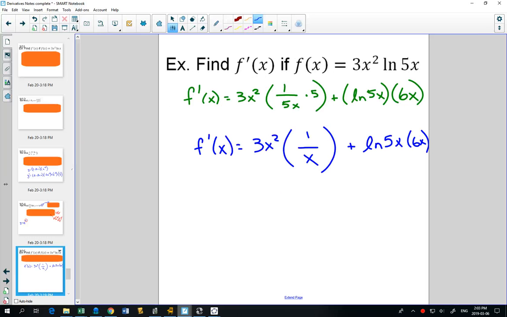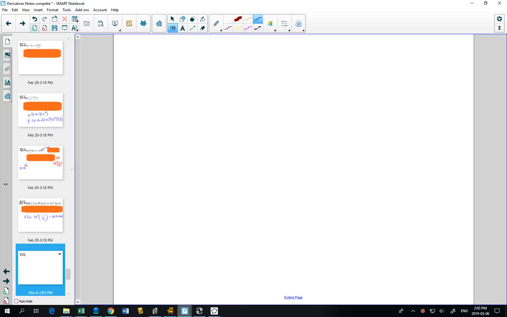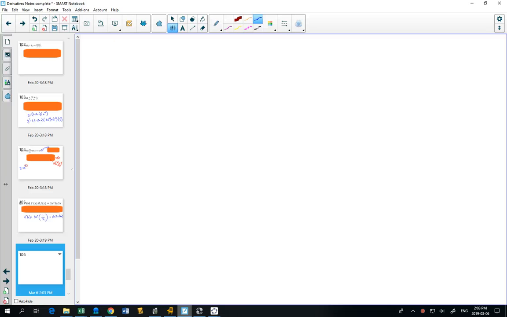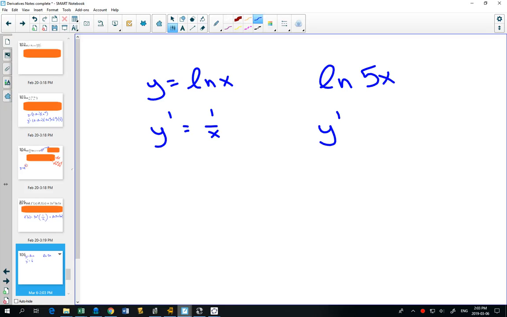discussion piece because I'm just going to open up a new page here. Okay. When I have the natural log of x, the derivative is 1 over x. And I just had the natural log of 5 over x, and the derivative is 1 over x.